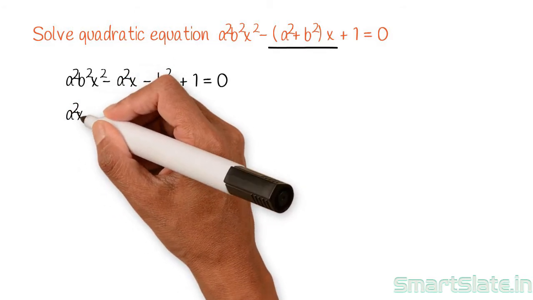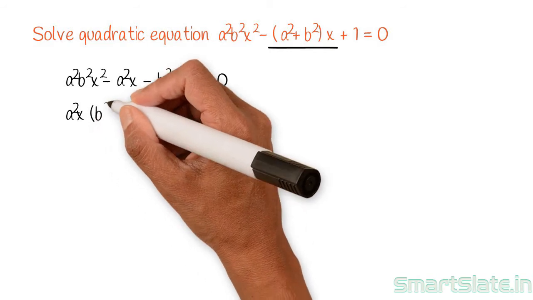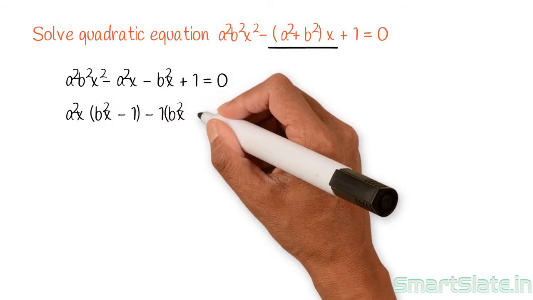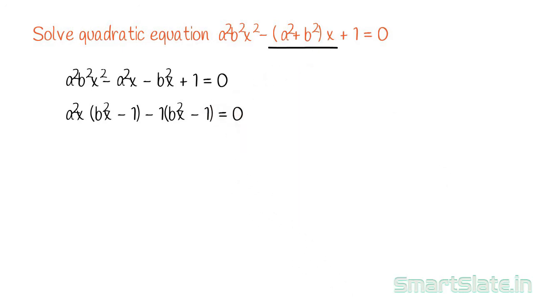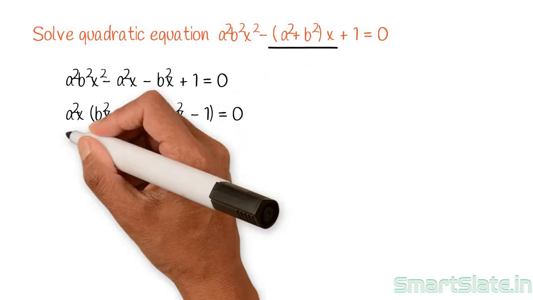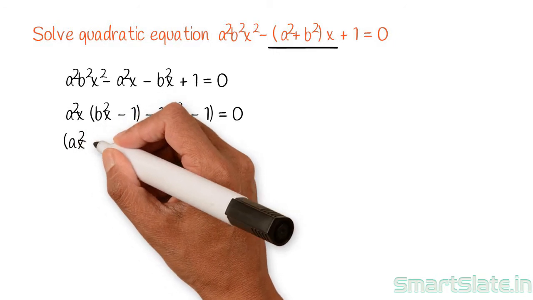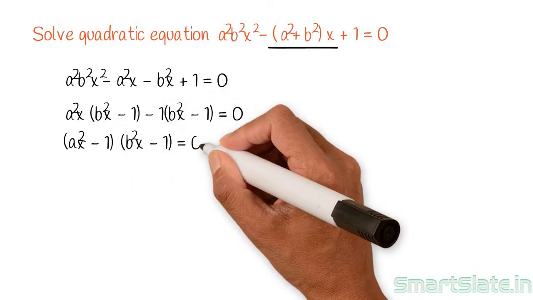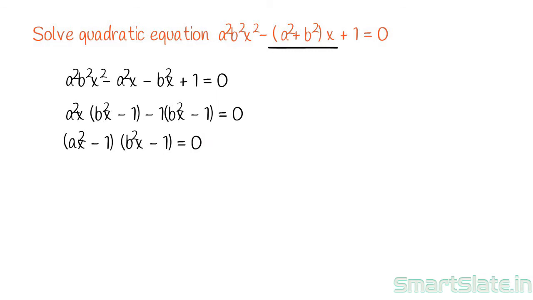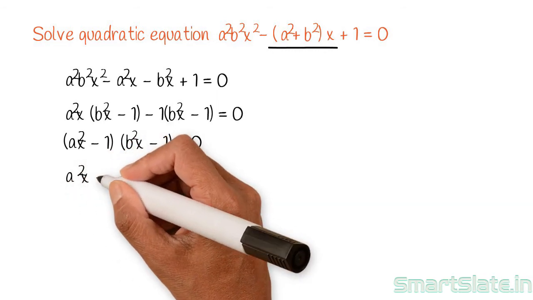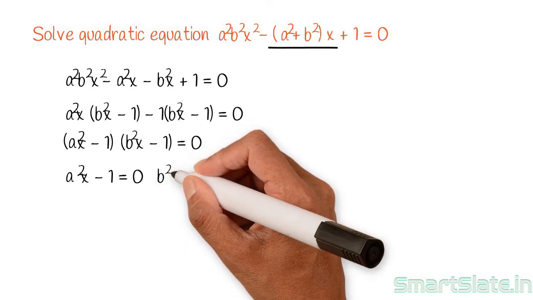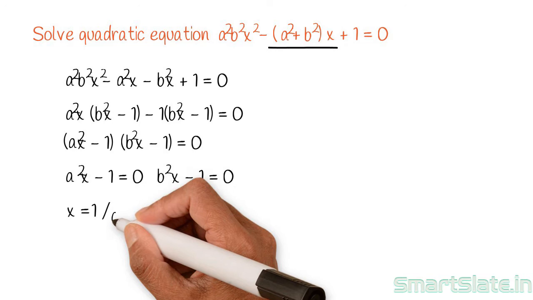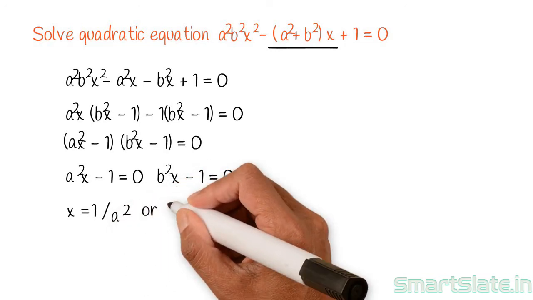It is a square x, b square x minus 1, and minus 1 in the bracket b square x minus 1 equal to 0. Finally, we arrived at the equation a square x minus 1 into b square x minus 1 equal to 0. Equate these with 0. a square x minus 1 equal to 0. b square x minus 1 equal to 0. Hence, x is 1 by a square or 1 by b square.